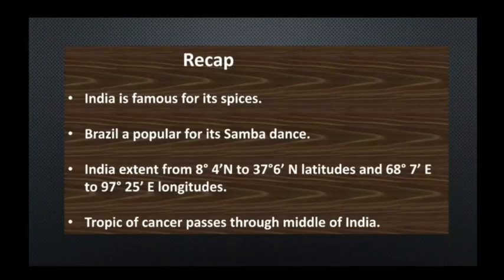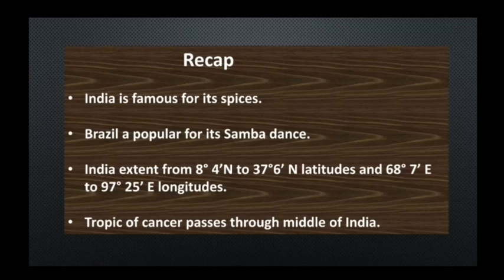Children, today we will continue with the second chapter, Location and Extent. First, let us have a recap of what we learned in the last video. We learned about different things about India and Brazil, like the spices of our country and the popular samba dance of Brazil.